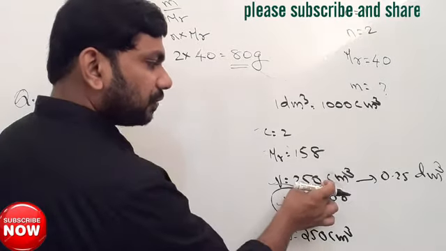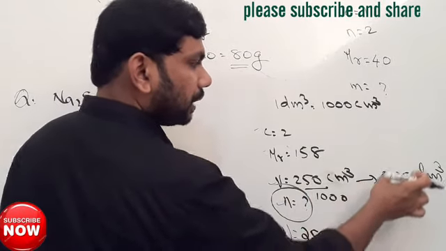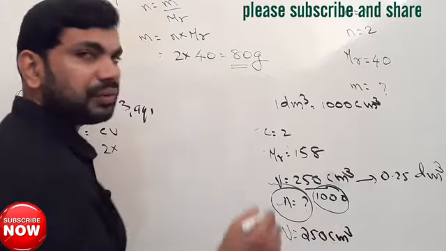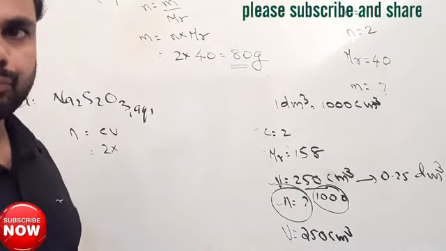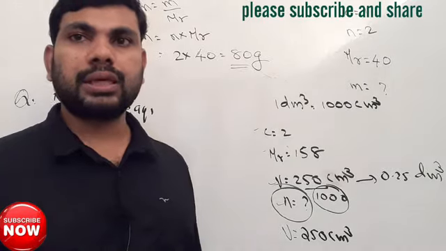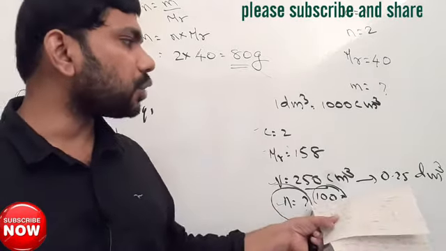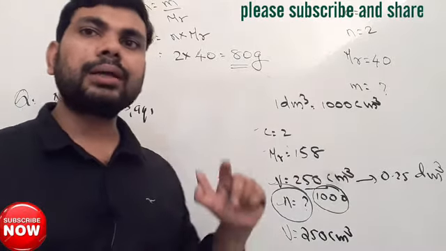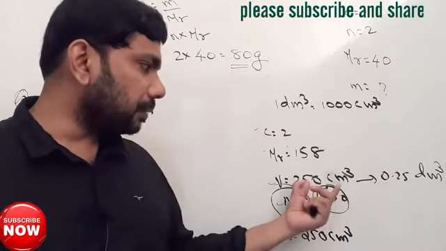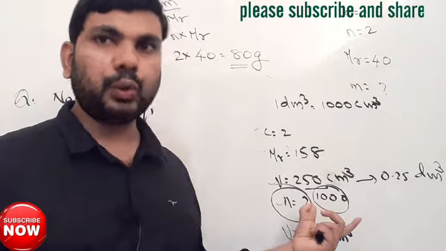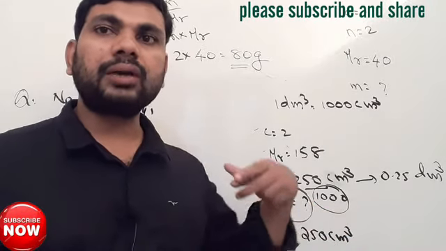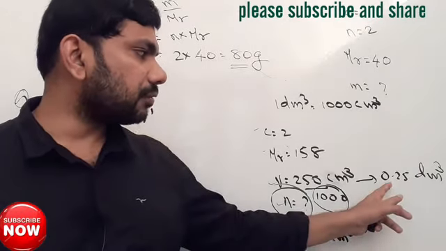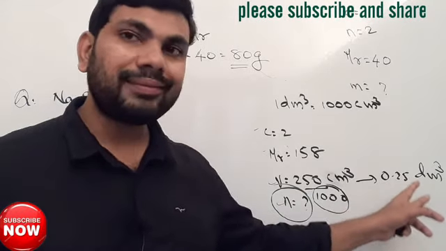So to convert 250 centimeter cube to decimeter cube, you have to divide 250 by 1000. So your answer will be 0.25 decimeter cube. So remember this: 1 decimeter cube means 1000 centimeter cube.